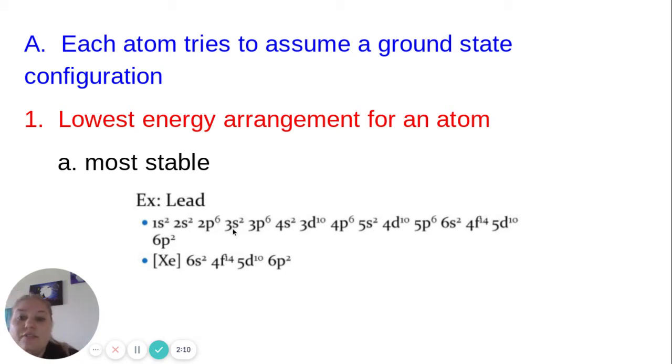Then I move on to energy level 3, which can contain up to 18 electrons. Only 2 can fit in S, so we have the 2 represented in S on energy level 3. Only 6 can fit in P, so we have the 6 represented in P. And then we can fit 10 in the orbital D in energy level 3.